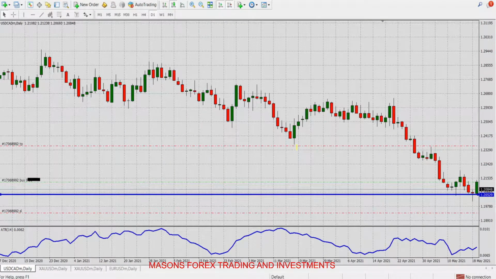So we are now on the daily chart for USD-CAD. What you can notice here is we have an engulfing candle, which is the green candle. And before the engulfing candle, we have a type of rejection bar, otherwise known as a doji.